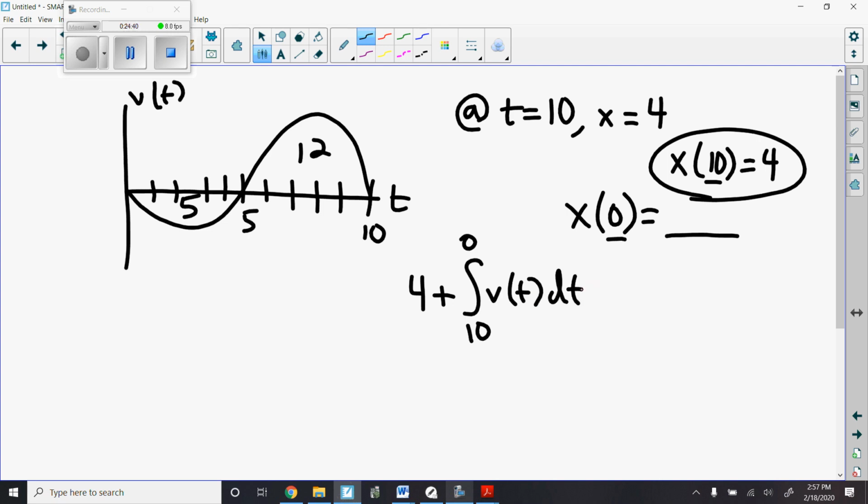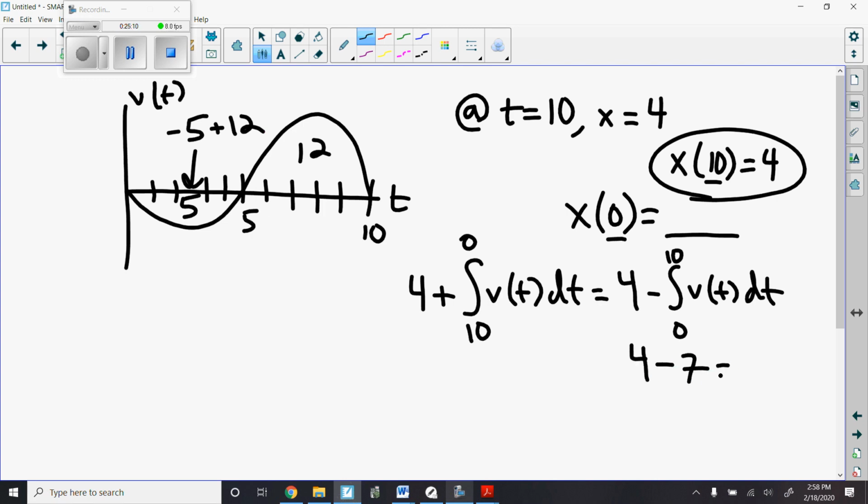Again, if we don't like solving that integral with the bigger number on bottom, we can simply switch that to be 4 minus the integral 0 to 10 of v of t dt. Okay? You're going to go from 0 to 10 of v of t dt. Well, this would count as a -5, and this would count as a +12. 12 minus 5 is 7. So my answer would be 4 minus 7, which equals -3. And that would be my position at time 0.